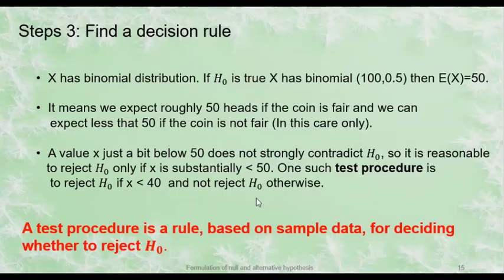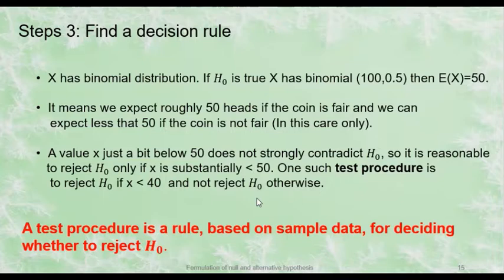So X has a binomial distribution. If H0 is true, X has a binomial distribution with parameters 100 and 0.5. Then the expectation of X is 50. It means we expect roughly 50 heads if the coin is fair, and we can expect less than 50 if the coin is not fair. A value of X just a bit below 50 does not strongly contradict H0.